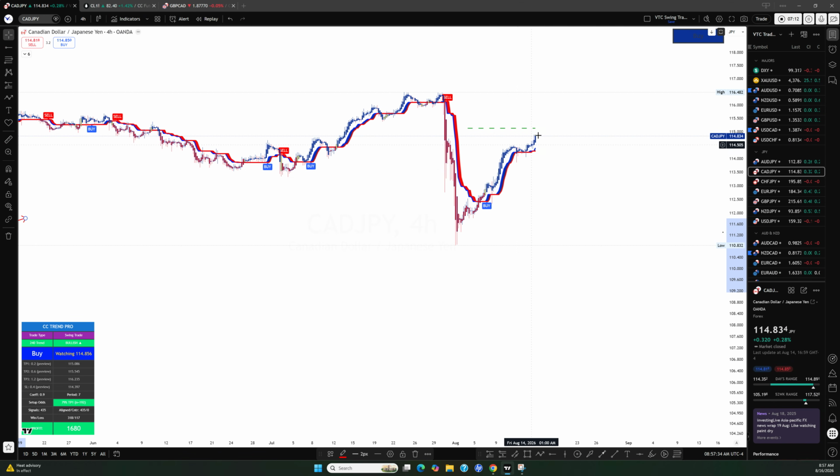The 4-hour trend is still very much so bullish. We don't have any signs that it is bearish yet. So again, you're looking for a breakout in the direction of the 4-hour time frame. But be careful because price will be turning around soon, because remember, the daily time frame is the dominant time frame.